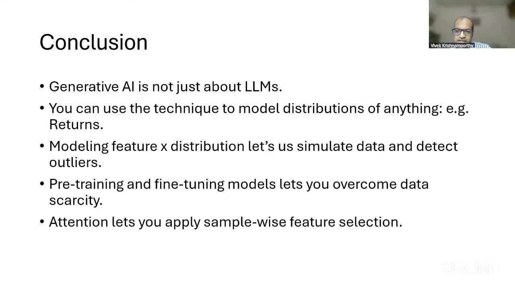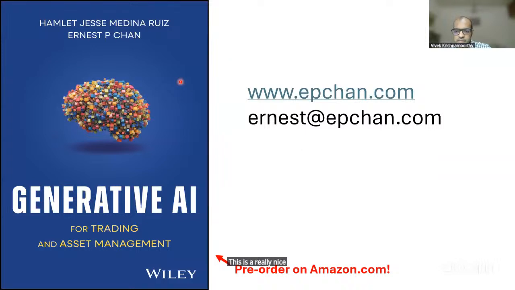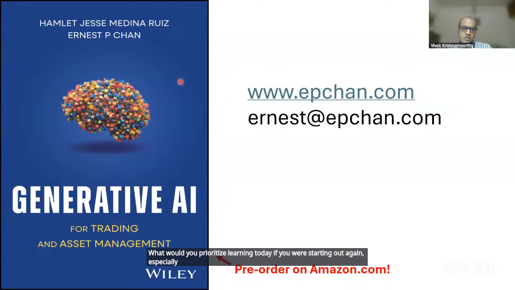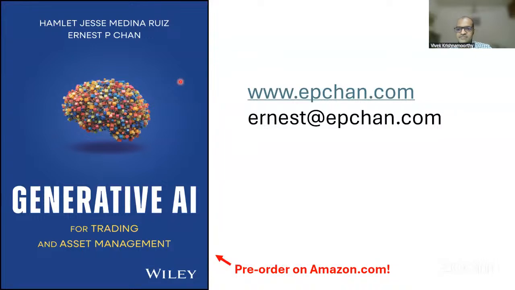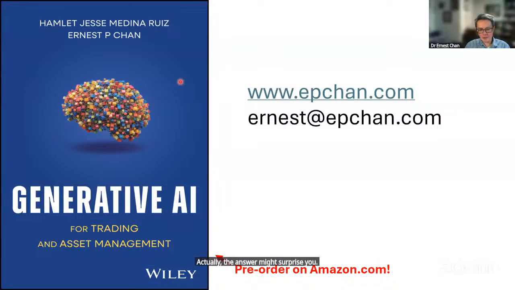Okay, this is a really nice question. I think it will be of interest to many people. What would you prioritize learning today if you were starting out again, especially with Gen AI entering the quant space? Actually, the answer might surprise you. I would not change my learning.